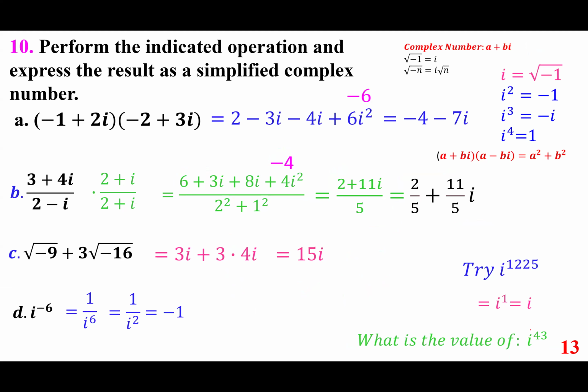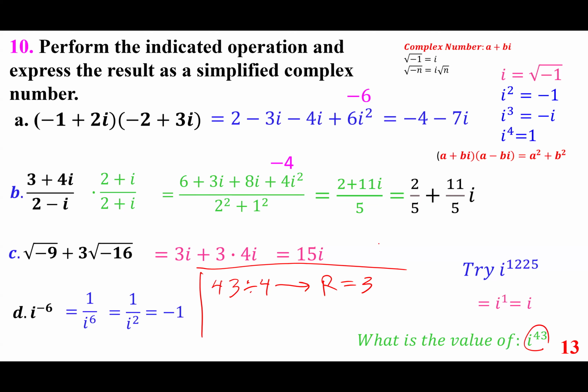So i to the power of 43, the exponent is 43. I'm going to divide by 4. Remember, I'm interested in the remainder only. It doesn't matter. The answer is 10. The remainder is 3.